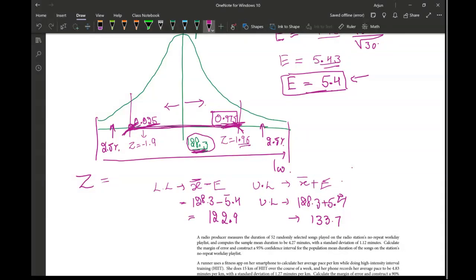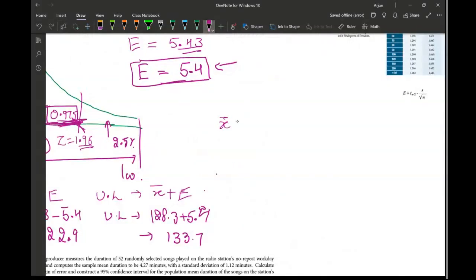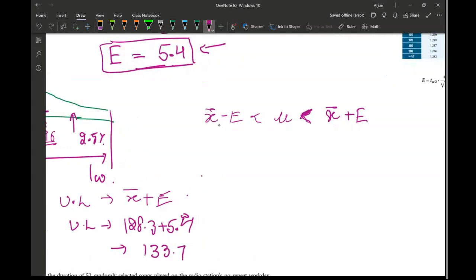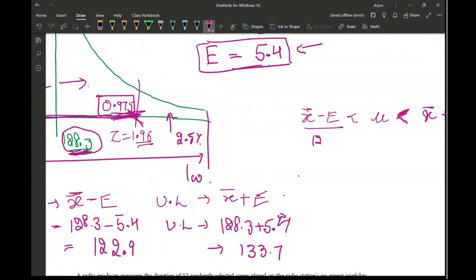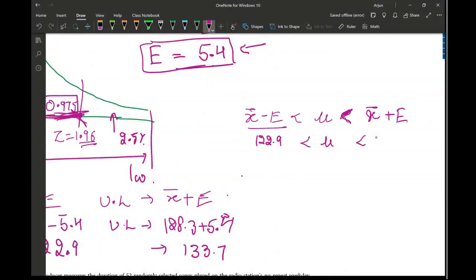So the confidence interval, which I'm going to write here, will be written as x bar minus E less than mu, and this less than x bar plus E. So this value is 122.9 less than mu less than 133.7. So what does this tell me?